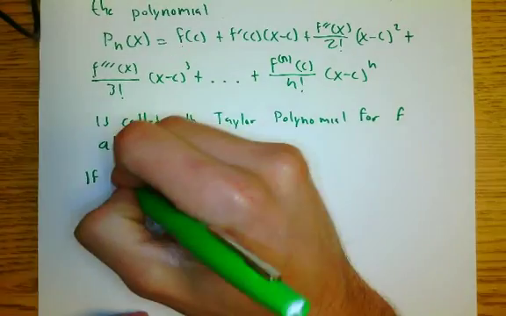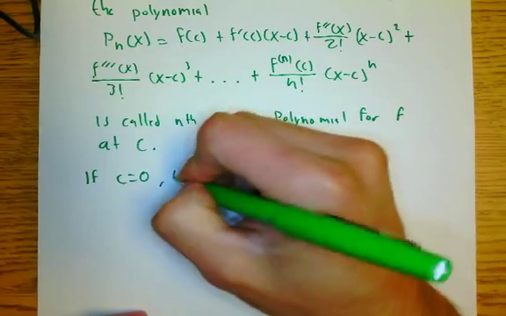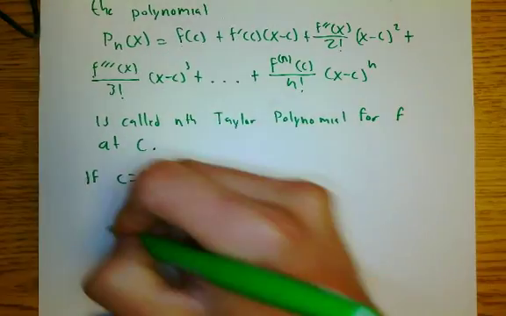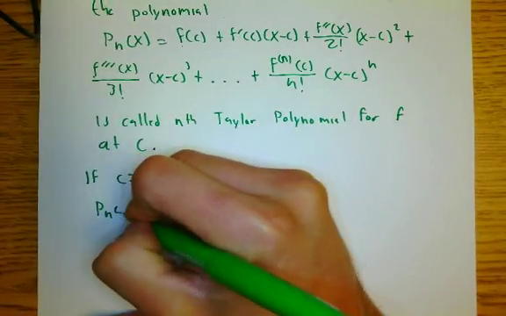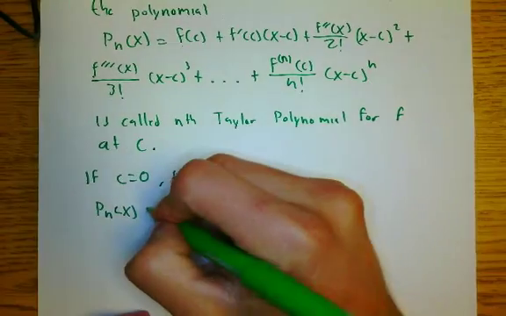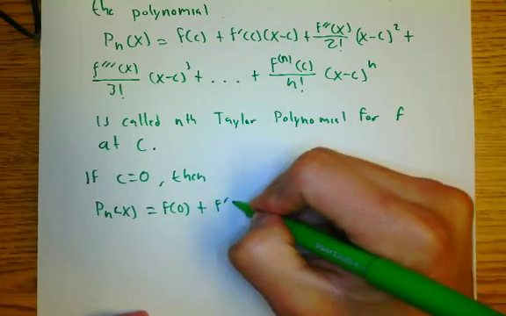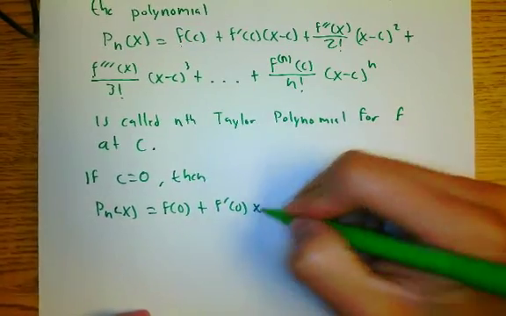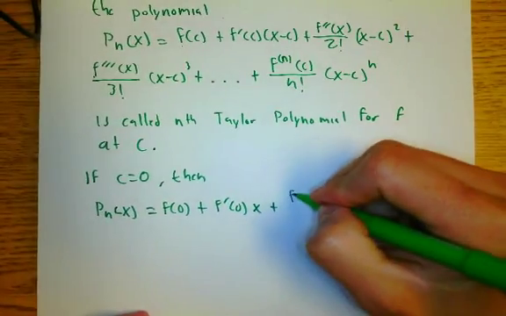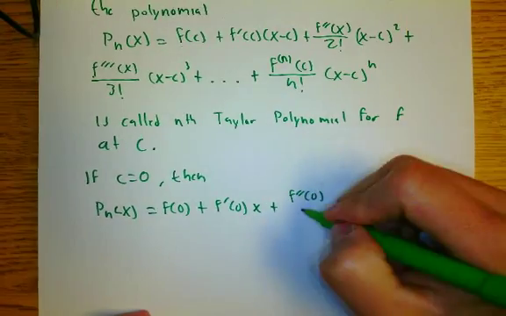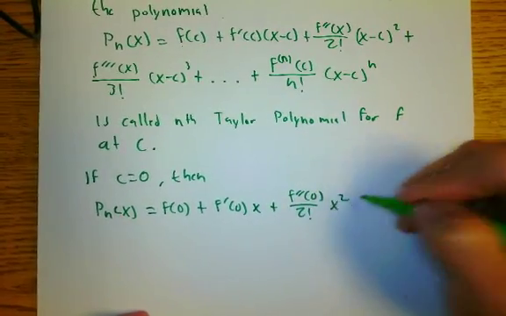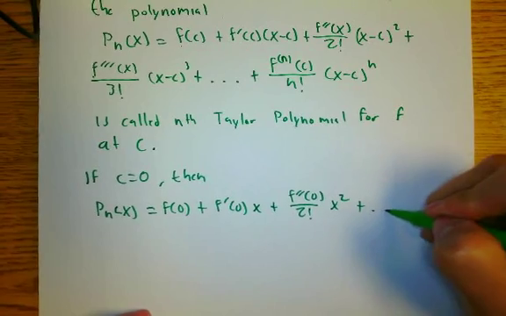If c equals 0, then p subscript n of x would equal f of 0 plus f prime of 0 times x plus f double prime of 0 over 2 factorial times x squared. What are you noticing?